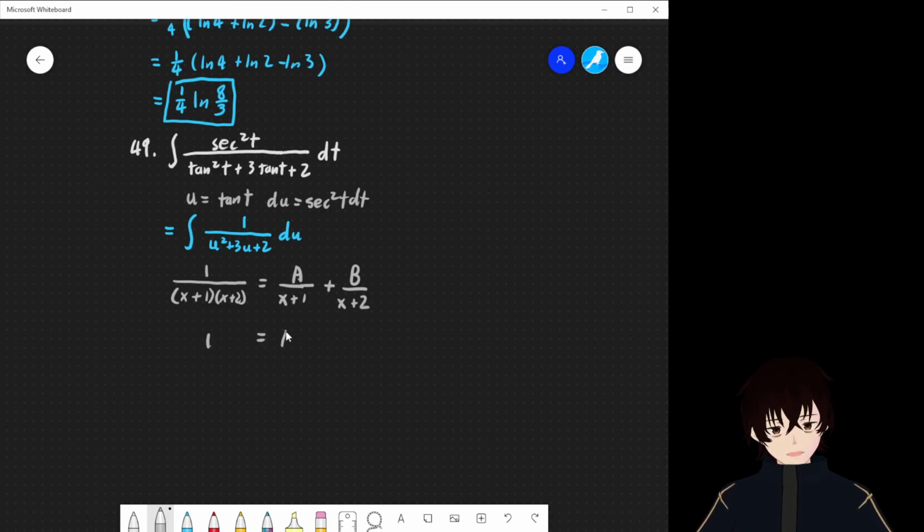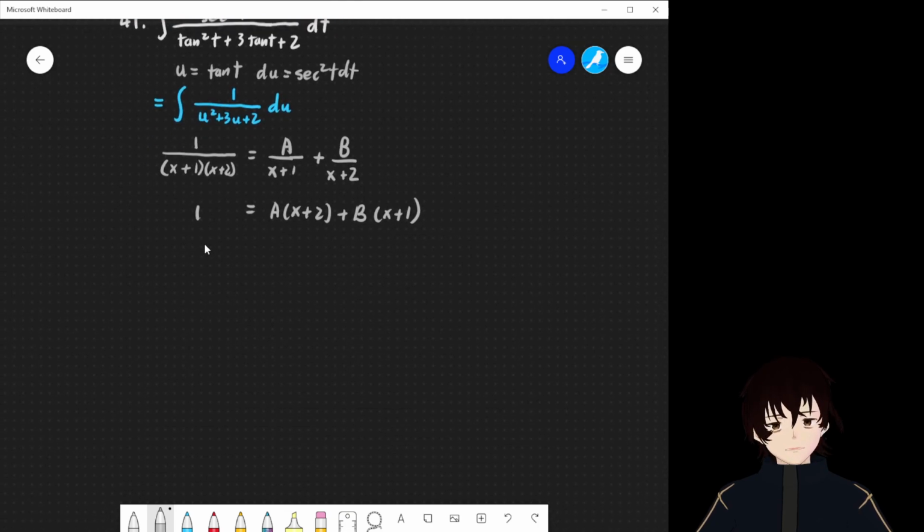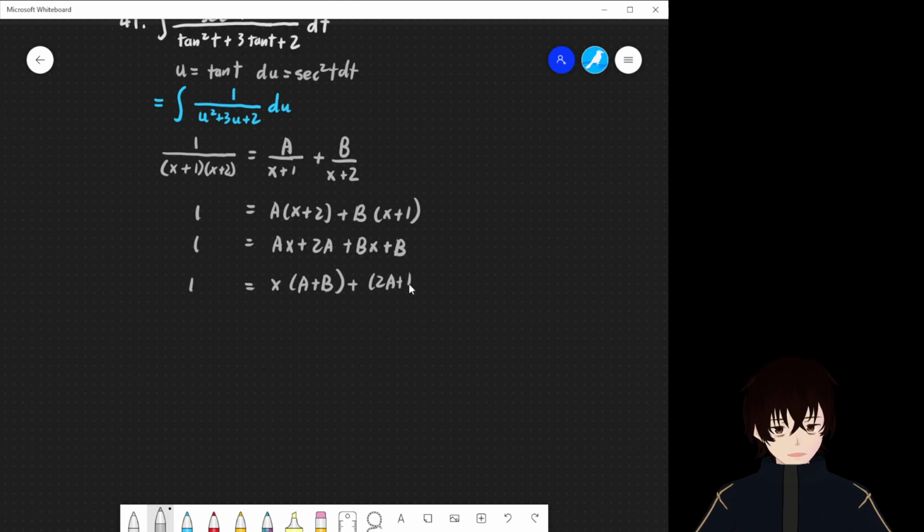So 1 is equal to a times x plus 2 plus b times x plus 1. 1 is therefore equal to ax plus 2a plus bx plus b. 1 is equal to x times a plus b, plus 2a plus b, which means a plus b is equal to 0, and 2a plus b is equal to 1.